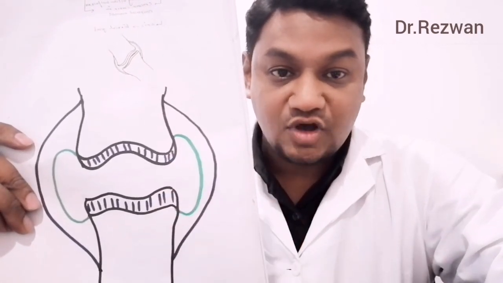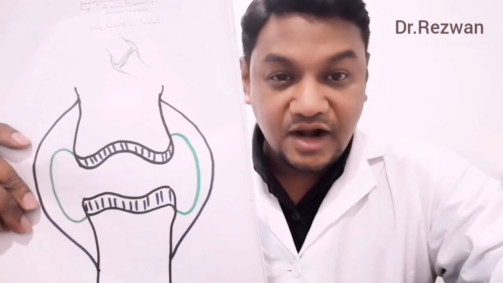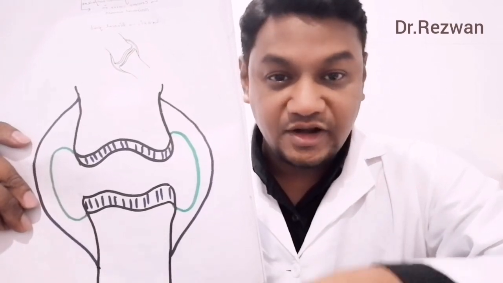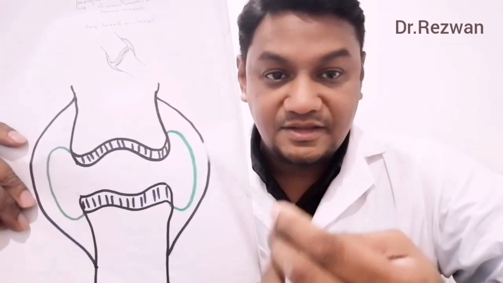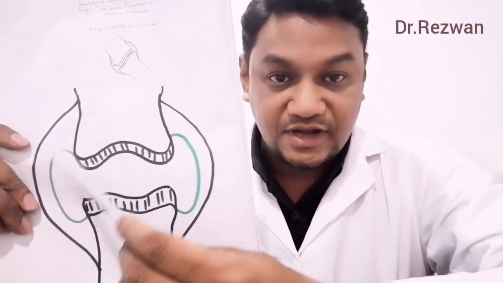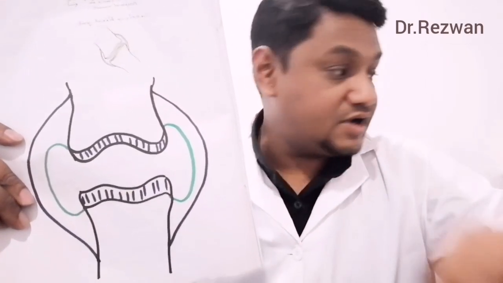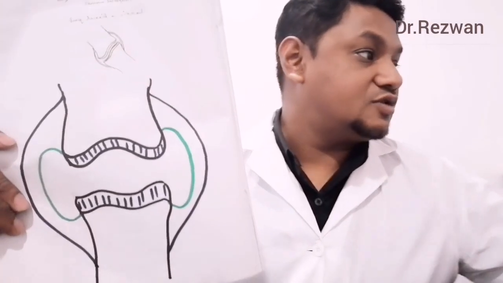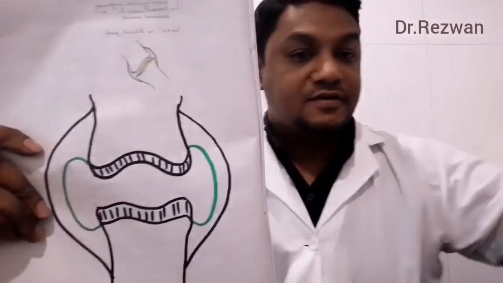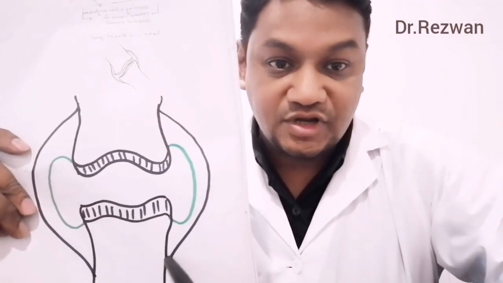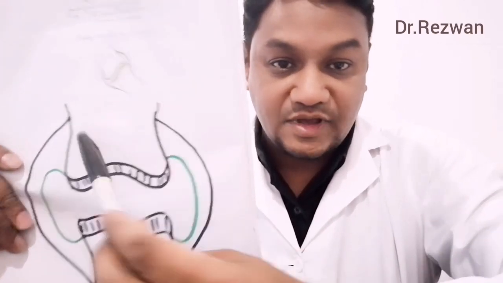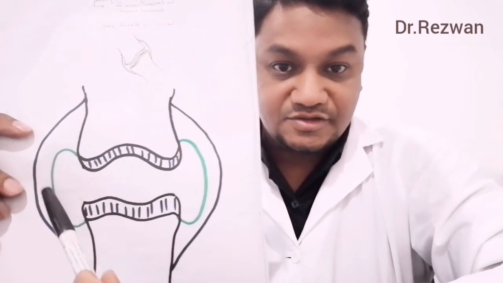This cartilage is called the hyaline cartilage, and it is the articulating cartilage. At the same time, this outside is totally a capsule. We can see there is a capsule over here. I can use another pen to show you. This is actually the articulating capsule.